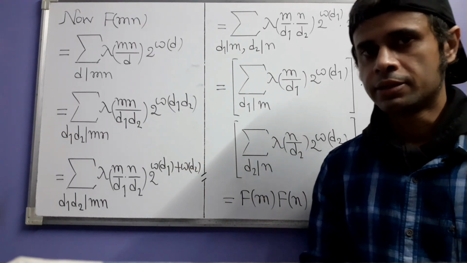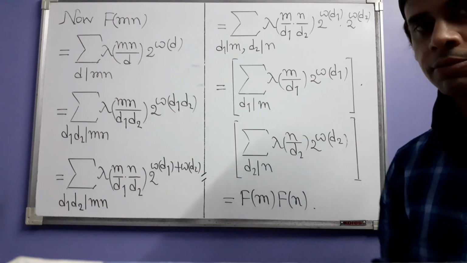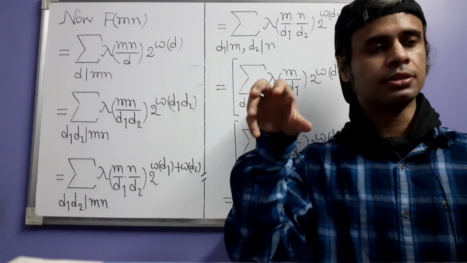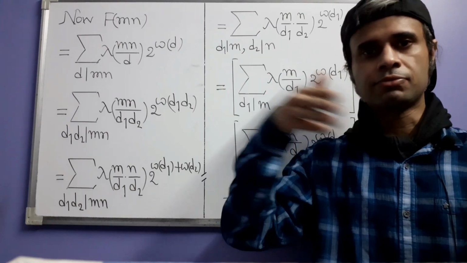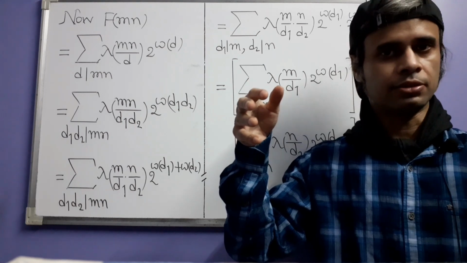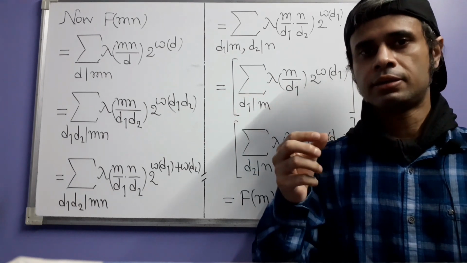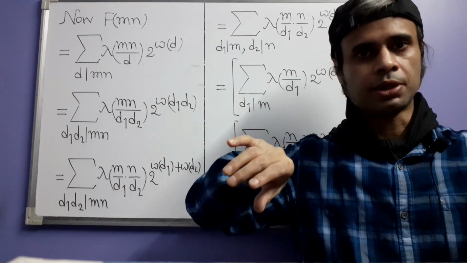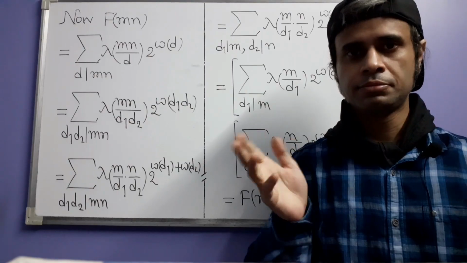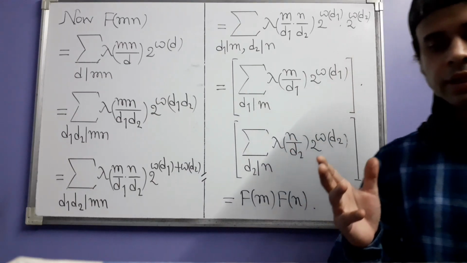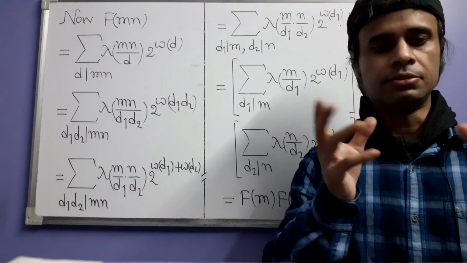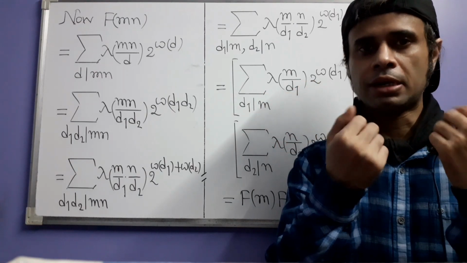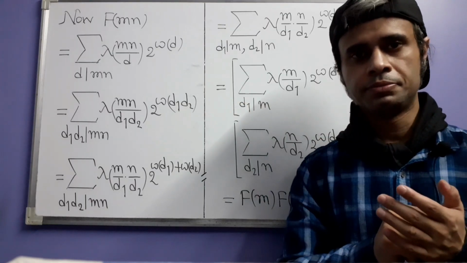What will happen in the general case? Did you see why these two are equal? Say you have a general d1 and general d2. On this side you have d1, on this side you have d2. d1 has a prime factorization. d2 also has a prime factorization. Because they are relatively prime, this set of primes is disjoint with this set of primes. There is no prime common to both the sets. Now, if you take the product of d1 and d2, these two prime factorizations come together and give us the prime factorization of d1 d2.